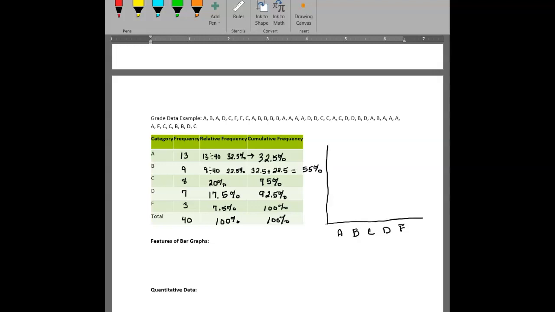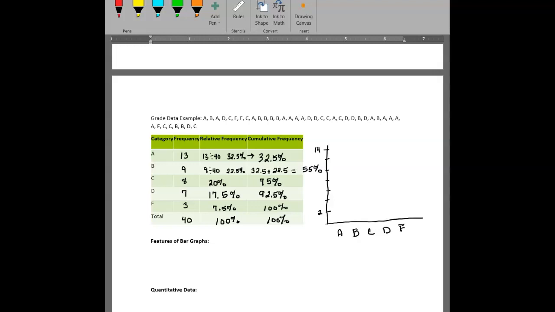So I can either count this by ones, I could count this by twos. I'm going to go ahead and count by twos, just because of space. Generally, you'll want to do this either on grid paper or use a straight edge for this.